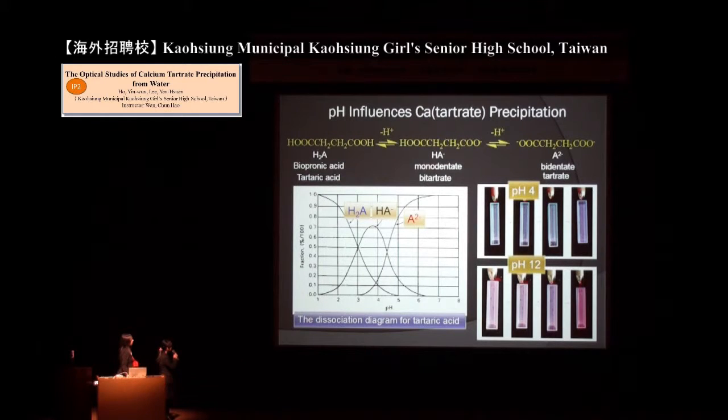When the pH is 4, the main composition is bitartrates. When the pH value is bigger than 7, the main composition is tartrates. We can see that when the pH is 4 and pH is 12, the solution has different particle sizes and Tyndall effects.